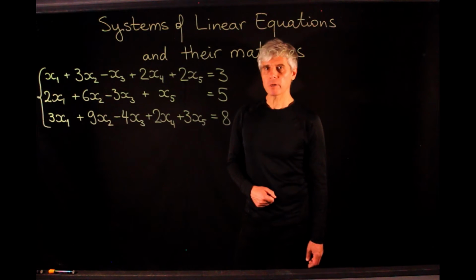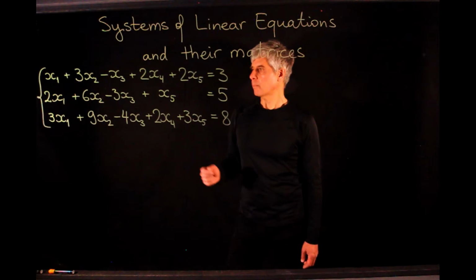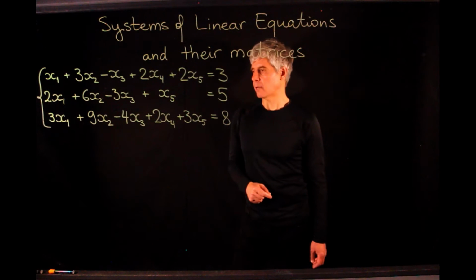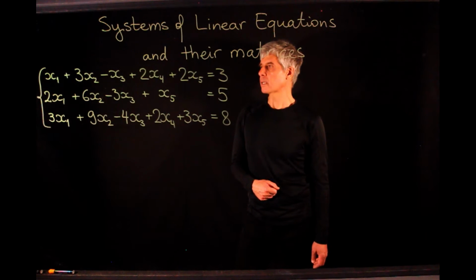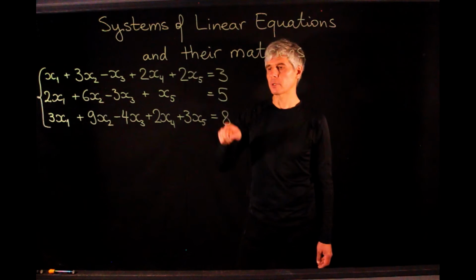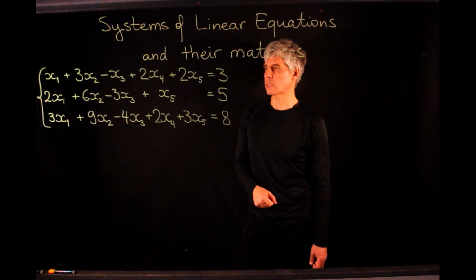Now, how can we write this system of linear equations in a more efficient way? We point out here that the names of the unknowns are not relevant, so we can replace the names of variables with different notations. What is important is the coefficients in front of these variables, and also the coefficients that appear in the right-hand sides of these equations.